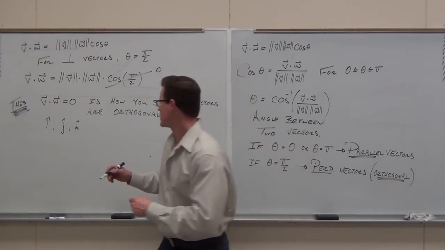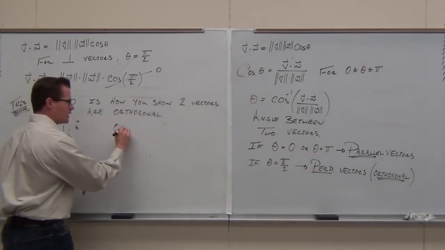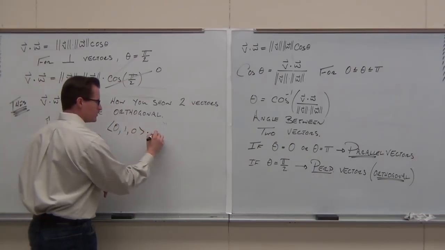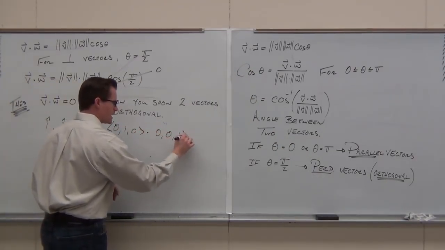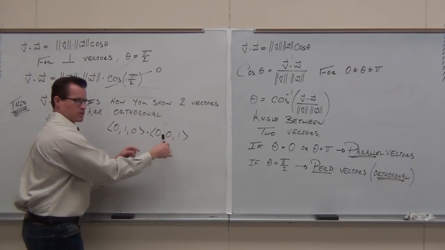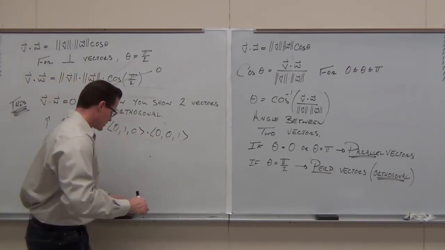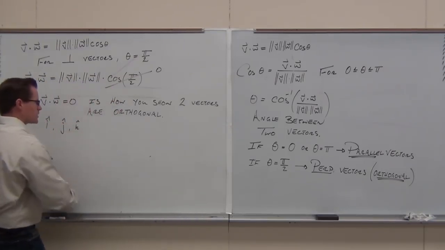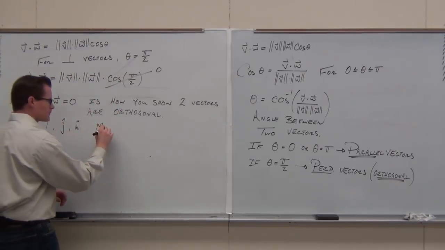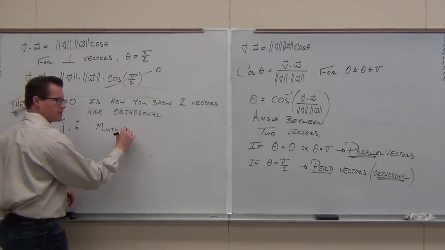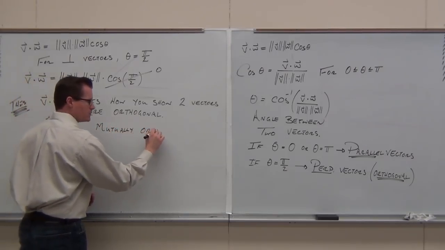You can think about it, all right? I'll just do one example. If you dot product 0, 1, 0, which is J, with 0, 0, 1, which is K, you get 0, 0, 0, 0. See? Every time. So these things, we would call them mutually orthogonal.